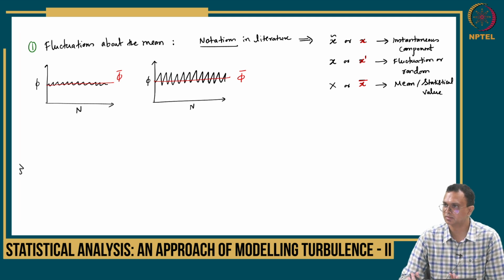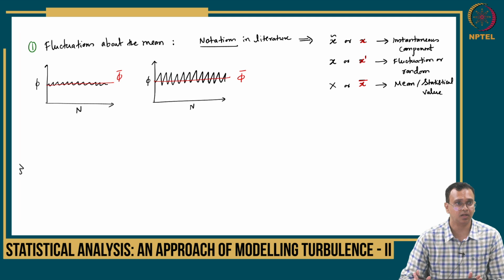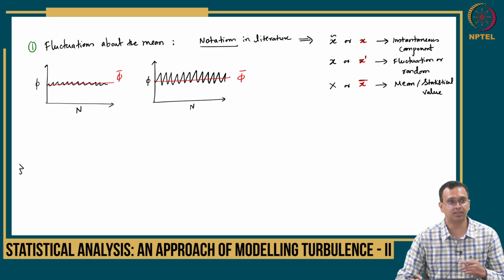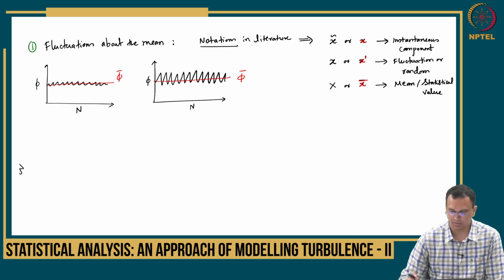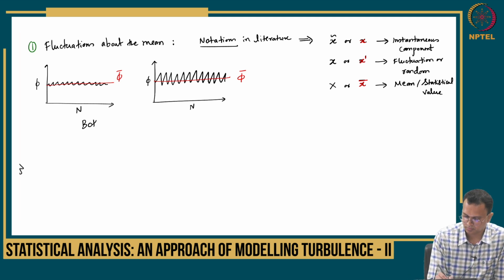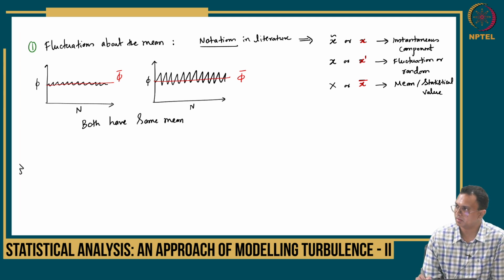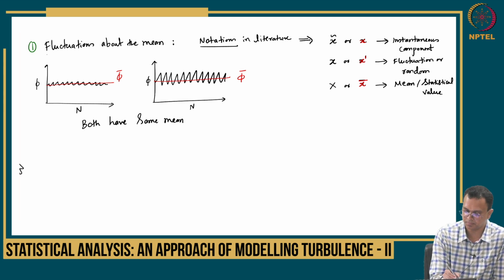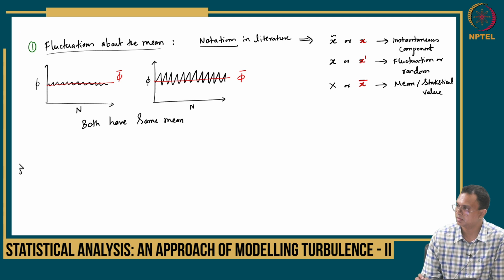Two different signals. Let's say one is an experiment that you have done today, and tomorrow you are repeating the same experiment, and suddenly you notice that the excursions about the mean have increased. The mean is same, but somehow you see the randomness has increased. Both have the same mean, and therefore we need to define not just the fluctuations about the mean, we need more than that.